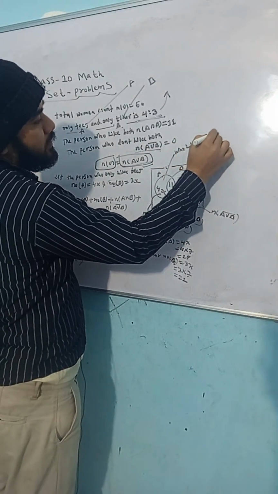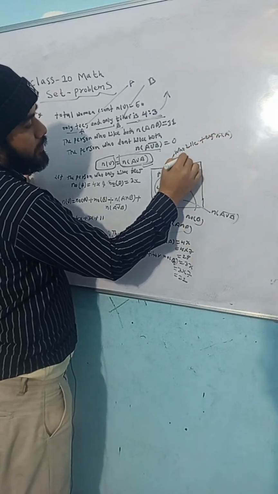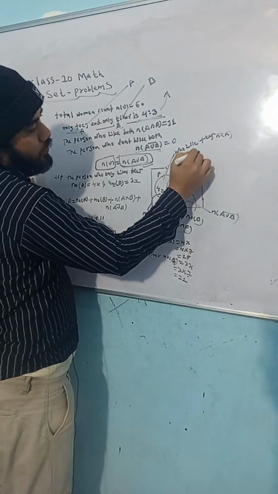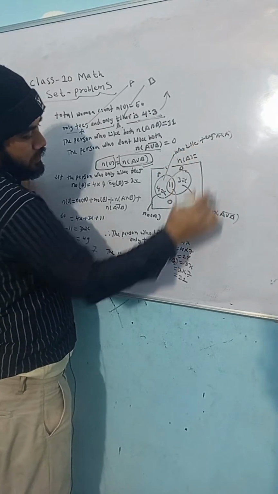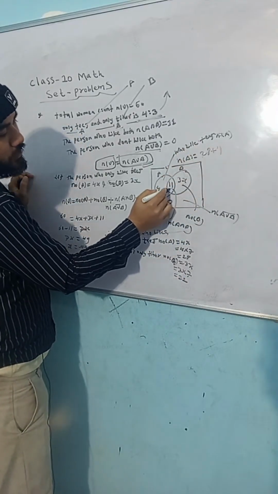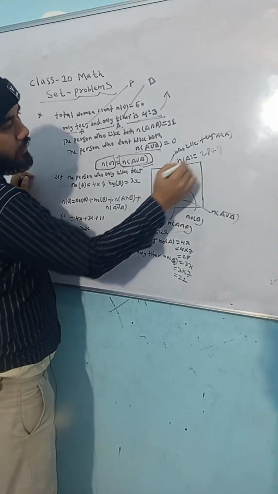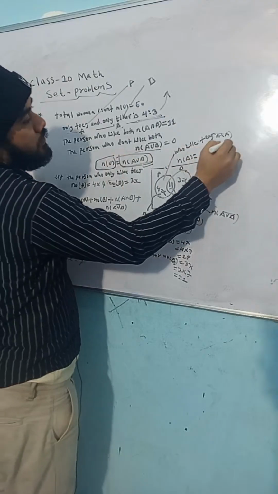Who likes Tej means you have to find out n of A. n of A means 4 sevens, 28. Okay, 28 plus 11, you have to add this portion guys, this one, right. 28 plus 11, okay, 39.